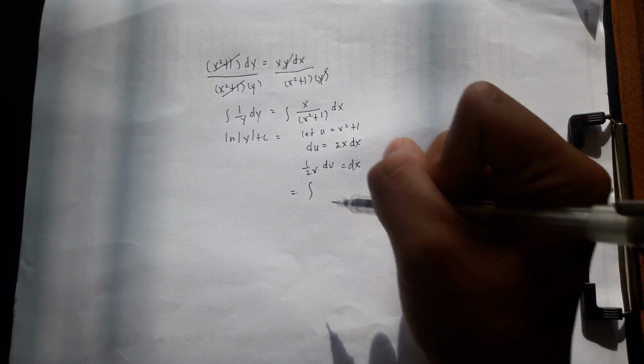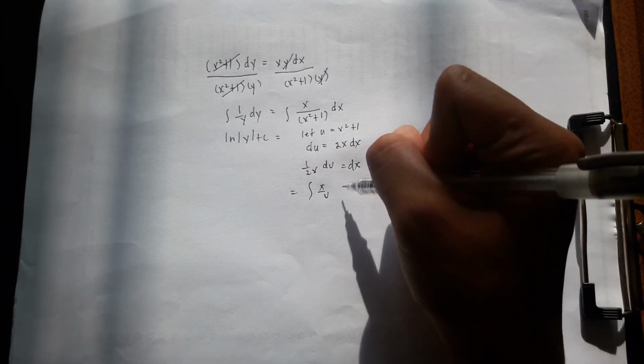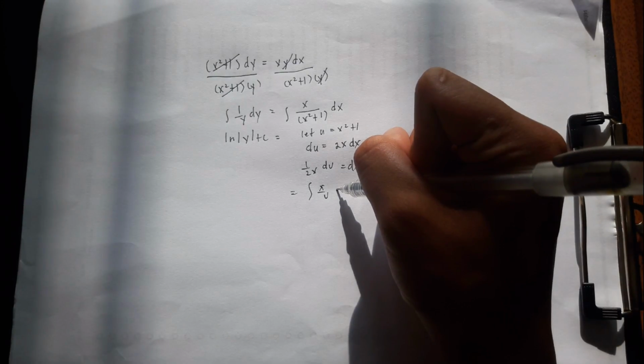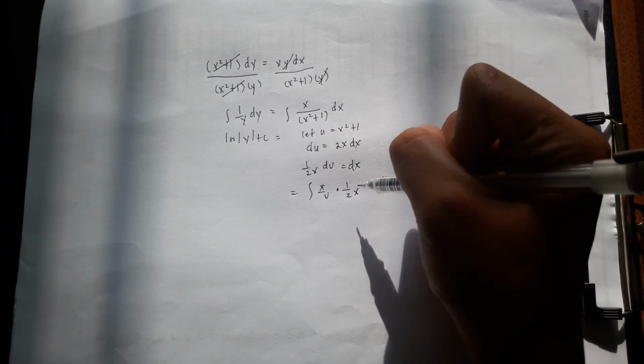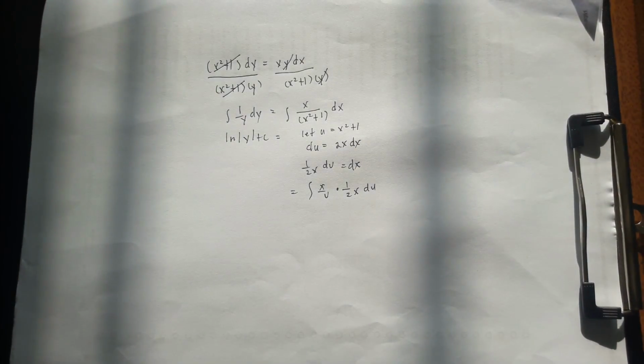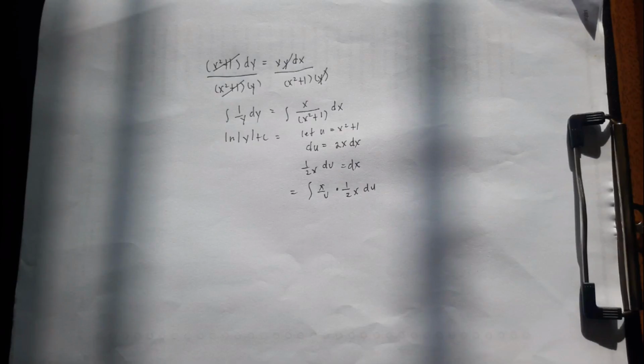We let u equal to x squared plus 1, so the equation will be the antiderivative of x over u dx. And we'll also substitute the value of dx in the function. So we will have a final function which is the antiderivative of x over u times 1 over 2x du.